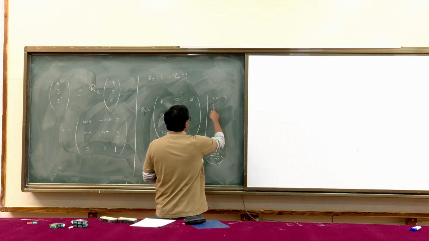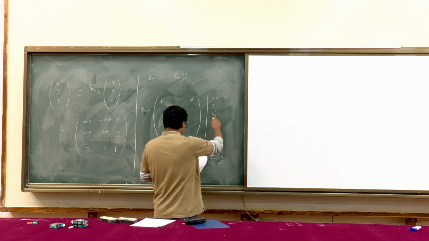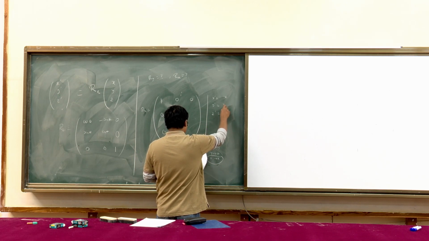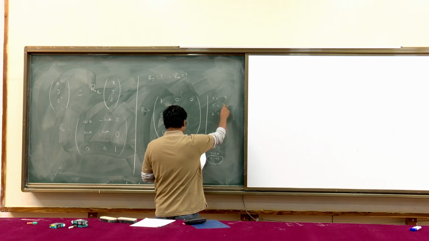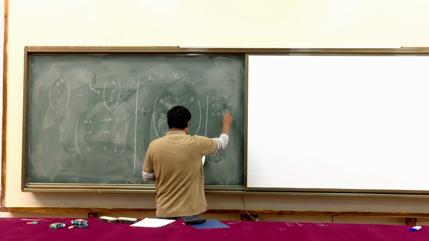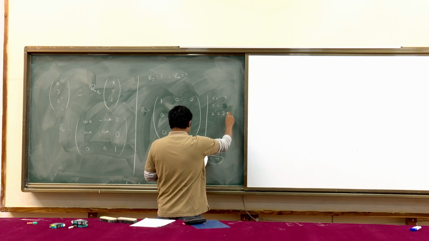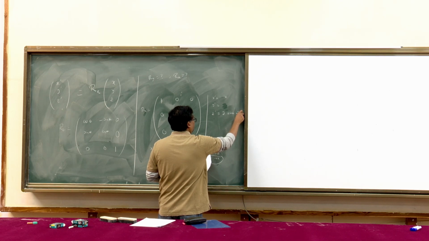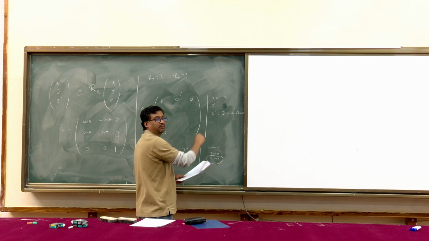Which one is this, y prime or z prime? I think you are confusing it with z prime. Z prime would be y sin theta plus z cos theta. That might be z prime.